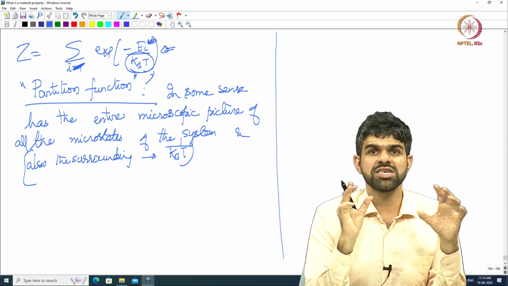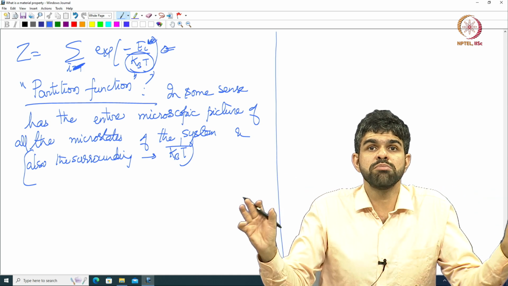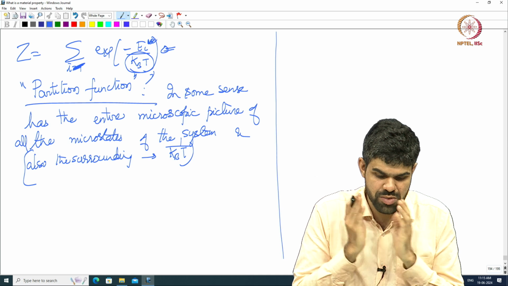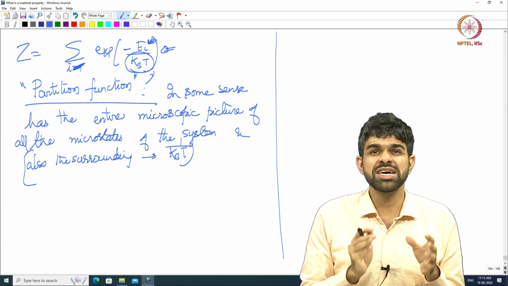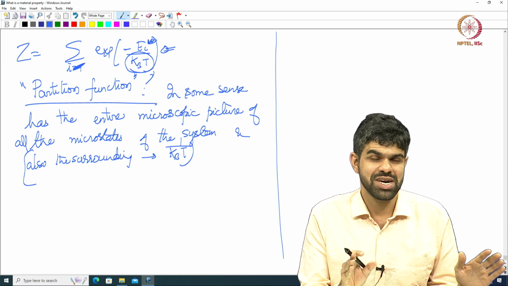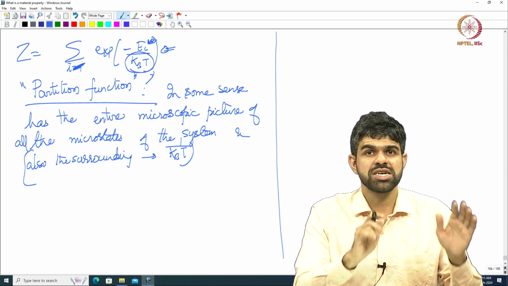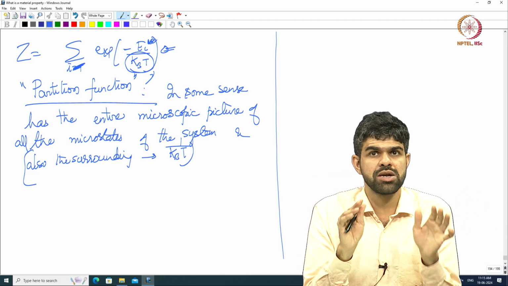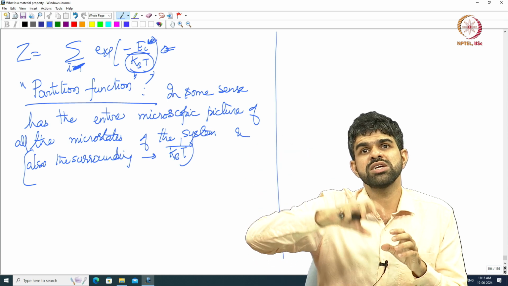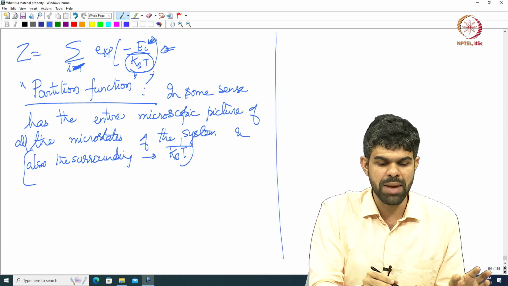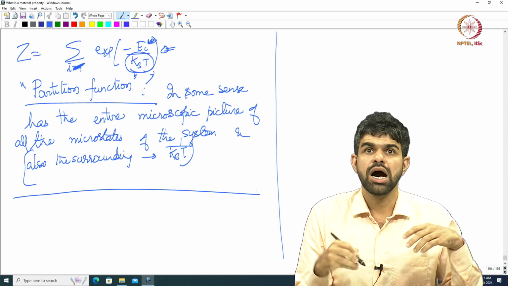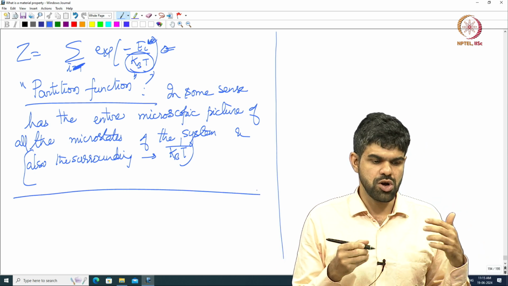So the partition function has all possible combinations of where my system can exist, what is the energy state of my system, okay. So given that partition function has all the microscopic knowledge about my system, right, so let us keep it that way. So partition function has all the microscopic knowledge about my system, also the surroundings, so assuming that system is in a heat bath, the surroundings come as a kBT factor, right. This is the Boltzmann factor, okay. So that is how I understand the partition function, all right.